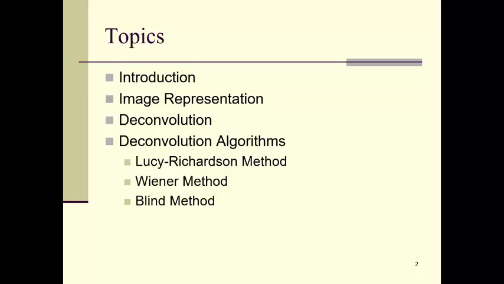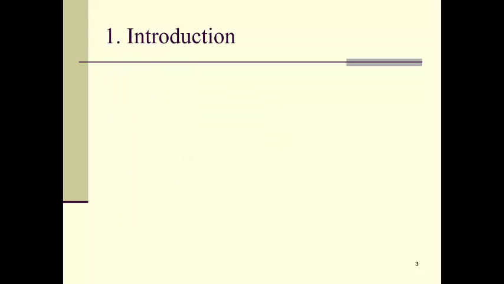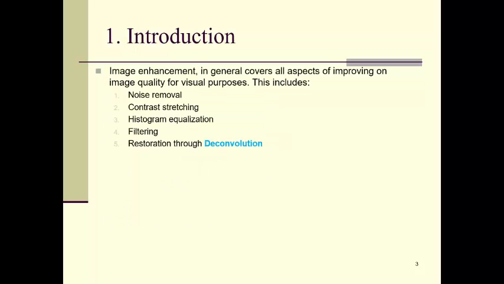While in the last method here, I will assume that I know nothing about this, and I will work blindly by assuming certain values, and after that, I will use these values in my restoration techniques. And at the end here, we will have some MATLAB examples. Okay? So let's start with the introduction.